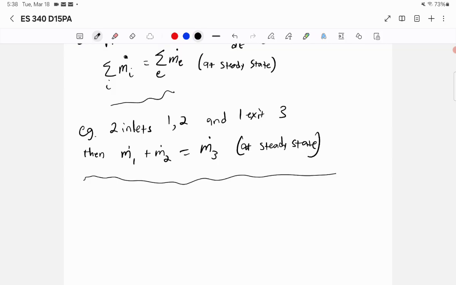Well, we already know, recall the energy rate balance, which is always good. And we're going to go through a similar formulation for the entropy rate balance.